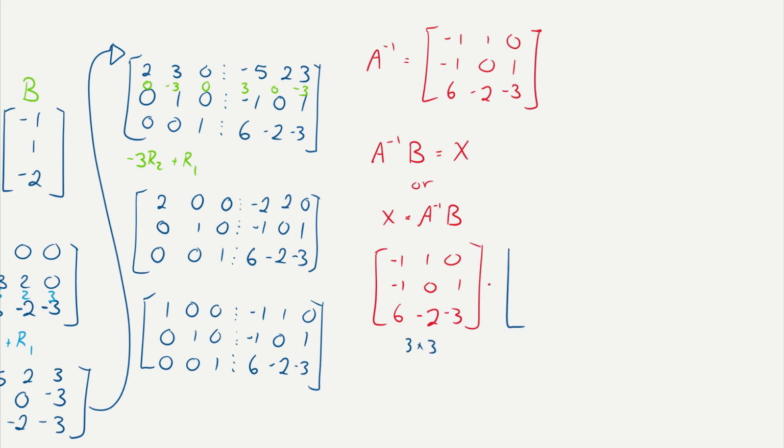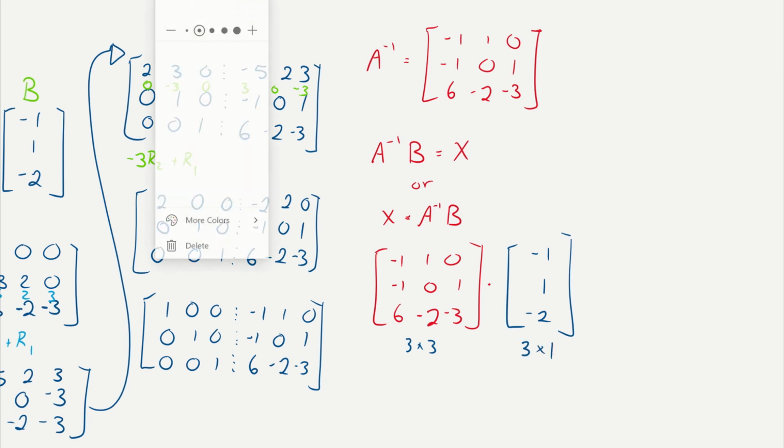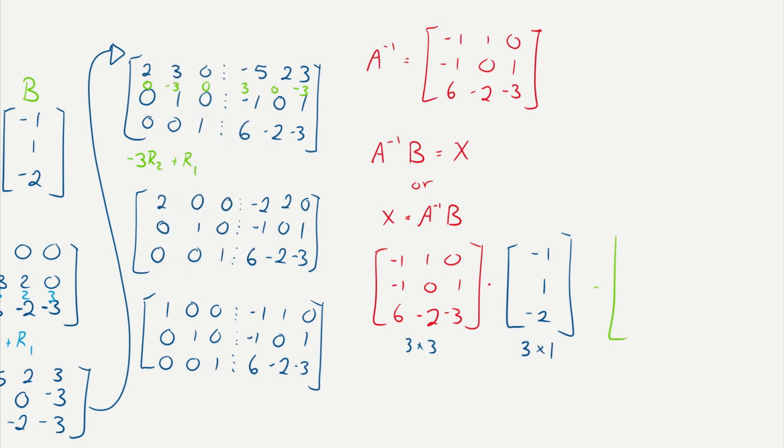And we will multiply that by our answer matrix, which you can see off to the left of the screen, negative 1, 1, negative 2. And that is a 3 by 1 matrix. So if we multiply these together, it's going to give a 3 by 1 matrix. All right, so let's do that.